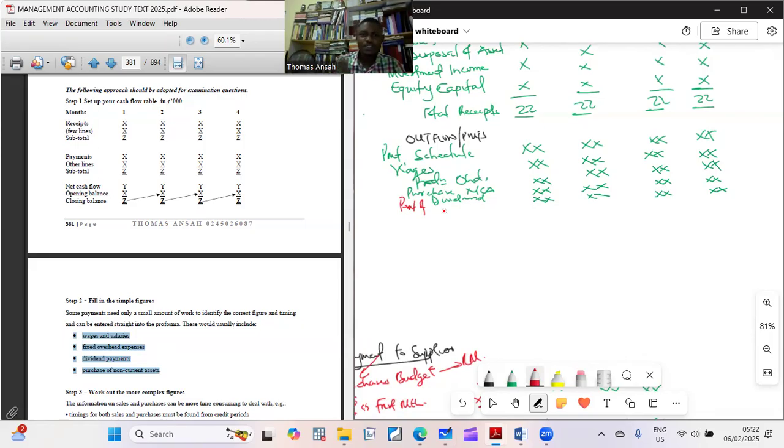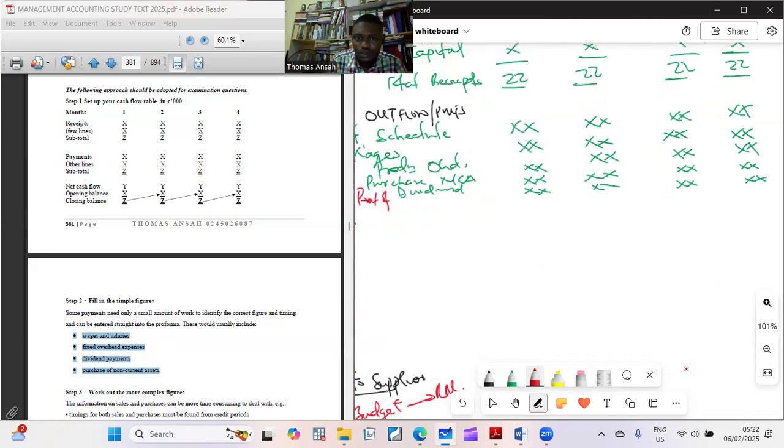So if there is depreciation included in any of these things, remember to deduct depreciation. So less depreciation wherever it should be.